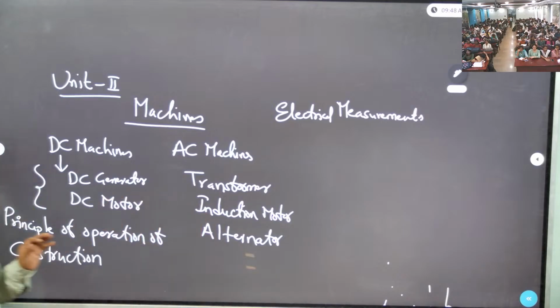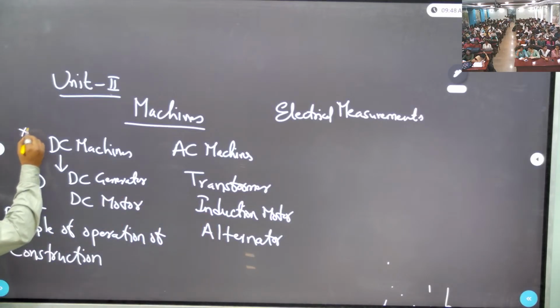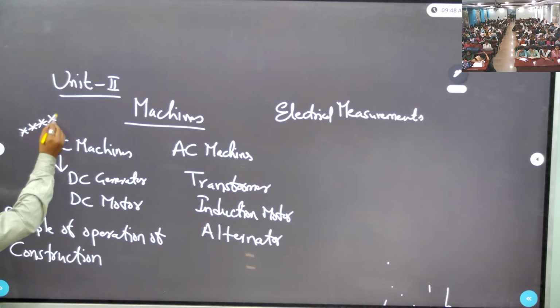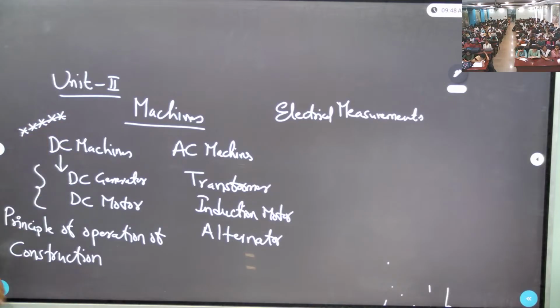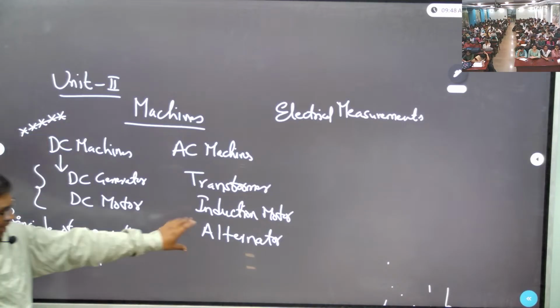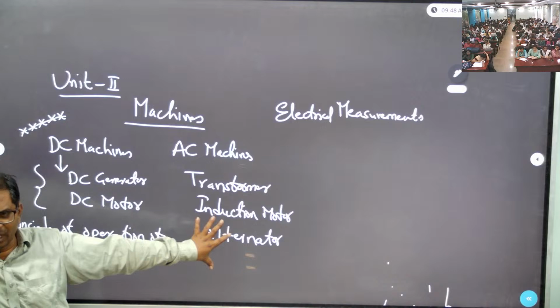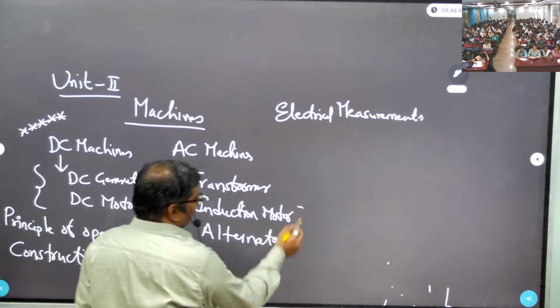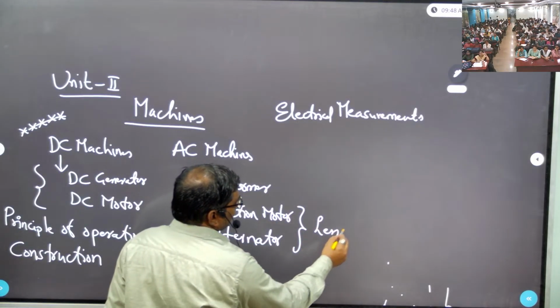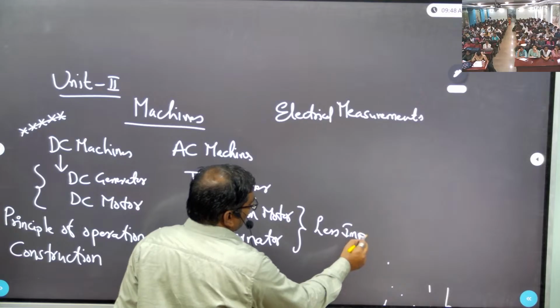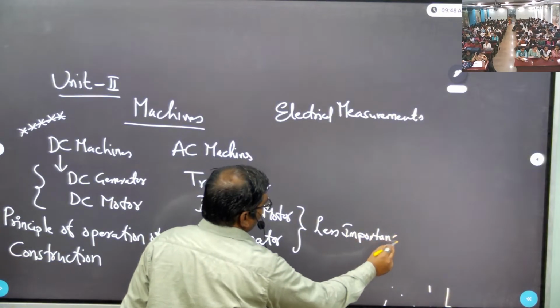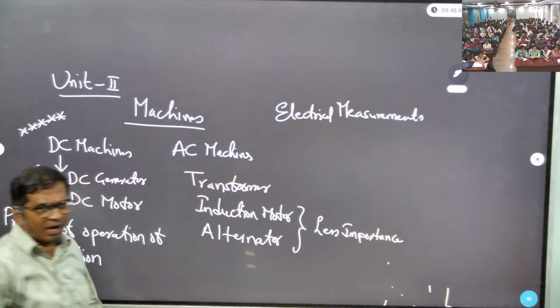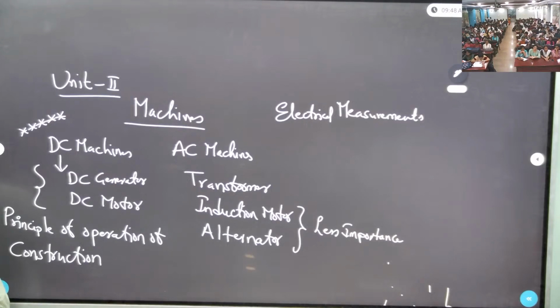Mainly DC machines are very important from the exam point of view, so you may omit the induction motor and alternator. They are of less importance. Less importance means don't omit them, but give them very little time, 10%. The remaining are all very important.